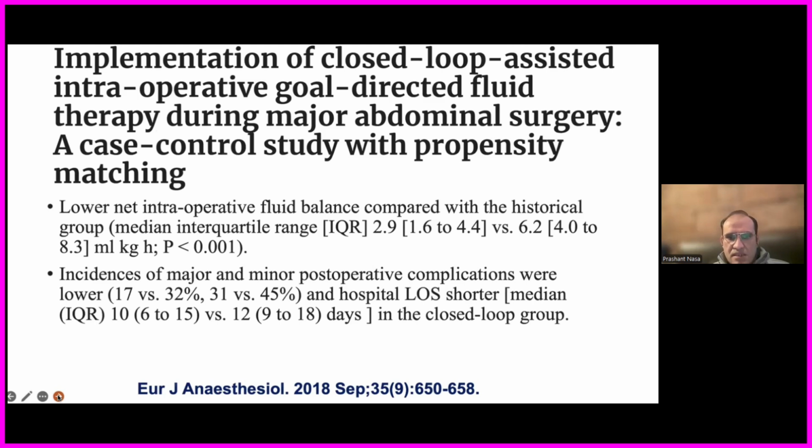What they found was that net intraoperative fluid balance was lower with the closed loop mechanism, by nearly half of what was administered in the historical cohorts, and it also led to a lower amount of major or minor postoperative complications, and a reduced hospital length of stay, if the closed loop was used instead of the traditional way of fluid administration in these patients.